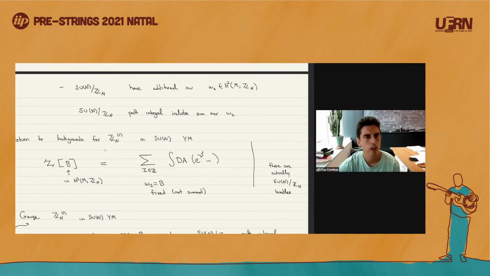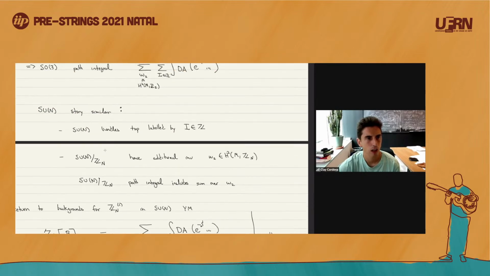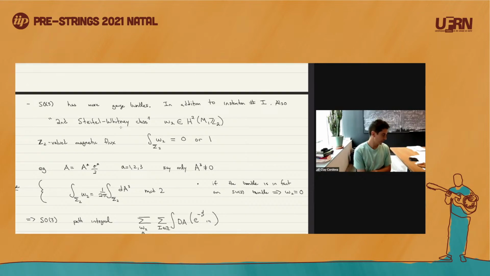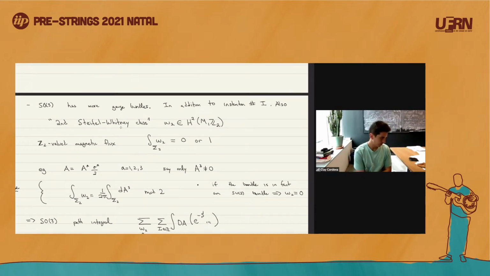Yes, I agree that's a little counterintuitive. It's the same confusion that arises where you say SO(3) has more gauge bundles. It's really that you're trying to wrap your head around that SO(3) is SU(2) mod Z_2, but there are more ways for an SO(3) bundle to be twisted than for an SU(2) bundle.